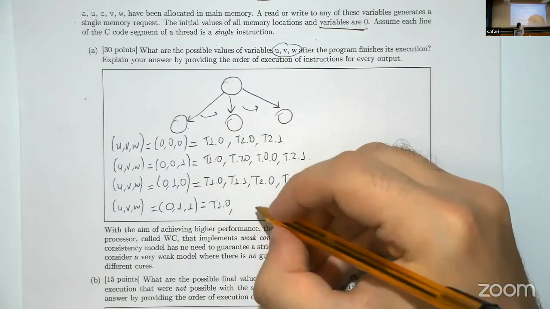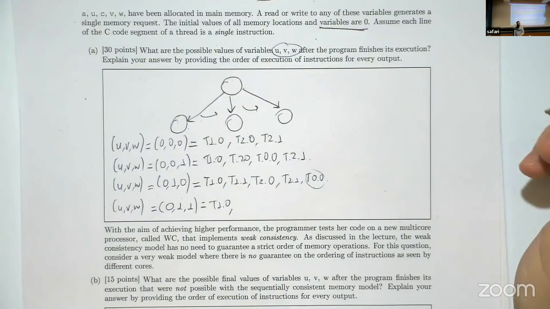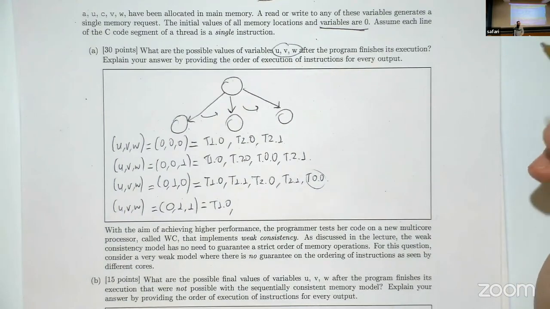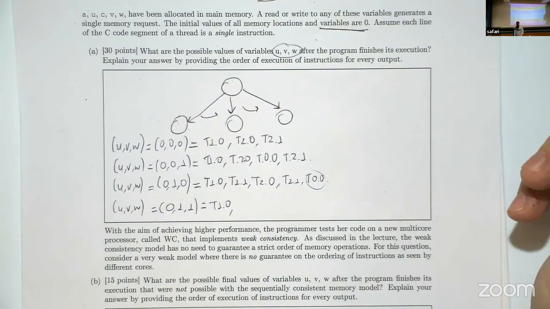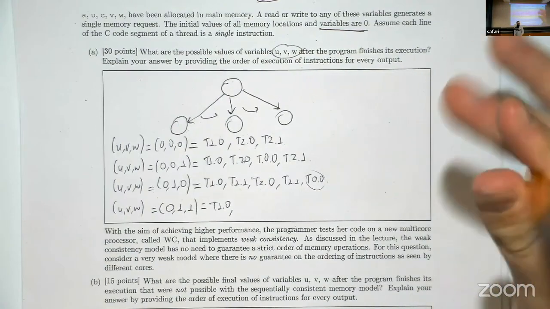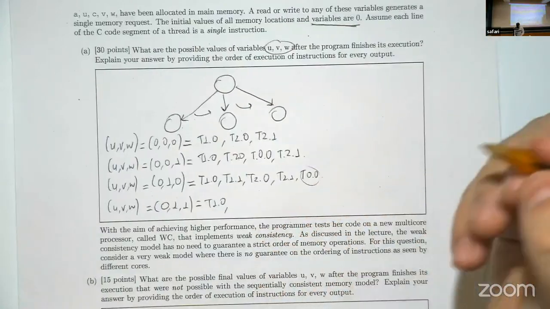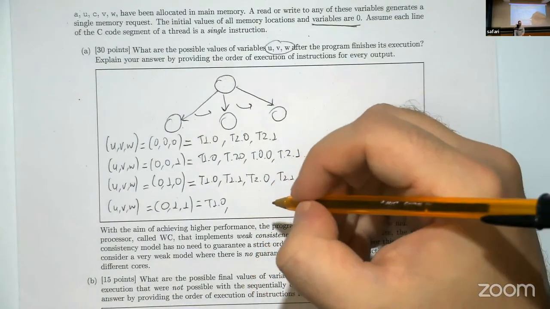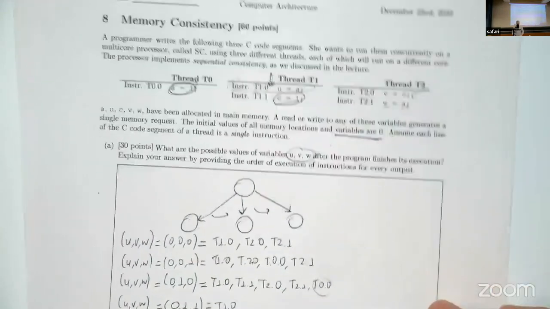Then we need to set V equals 1. The only way for this to happen is T0,0.